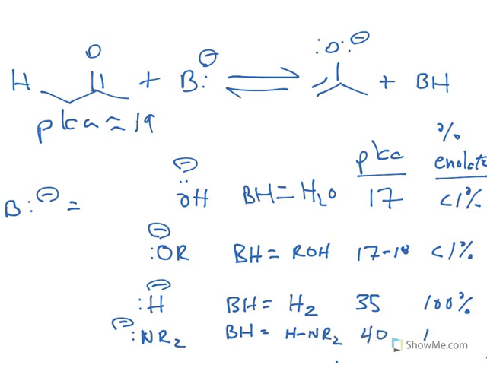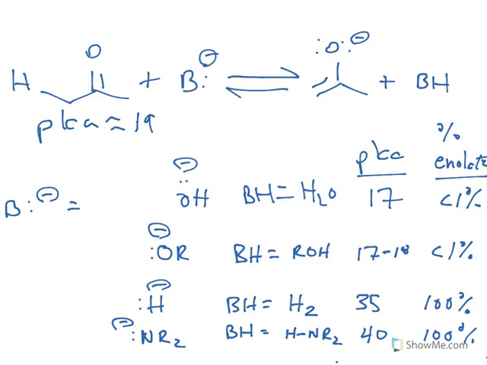So obviously that's going to give us 100% as well. To recap, if you want to form just a little bit of the enolate, use hydroxide or alkoxide. If you want it to go all the way to the right, slam it to the right, what you're going to use there is either a group 1 hydride or an amide base.